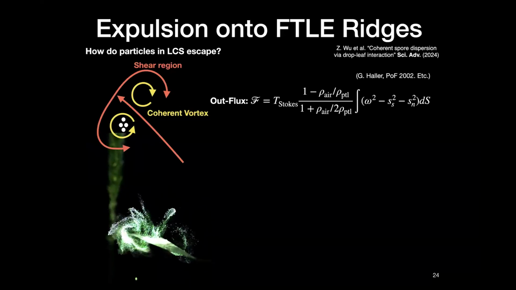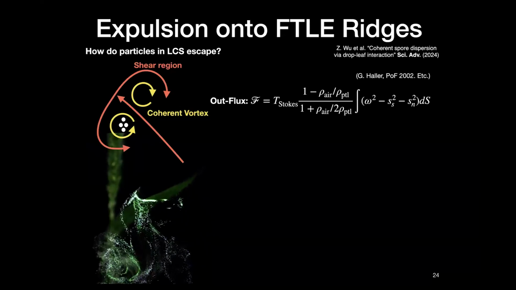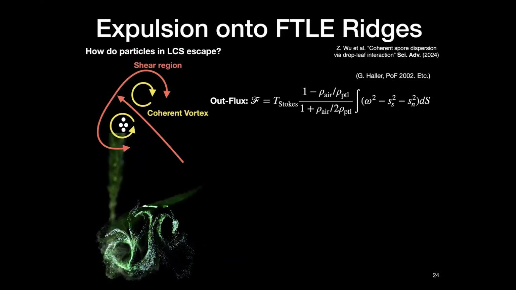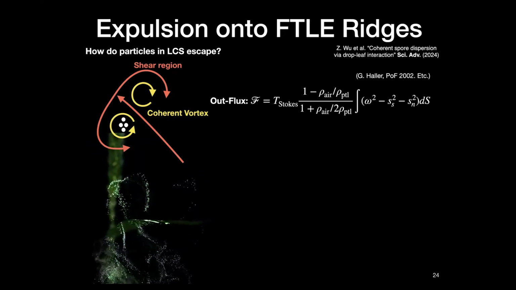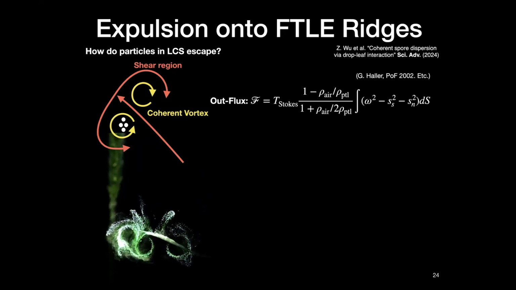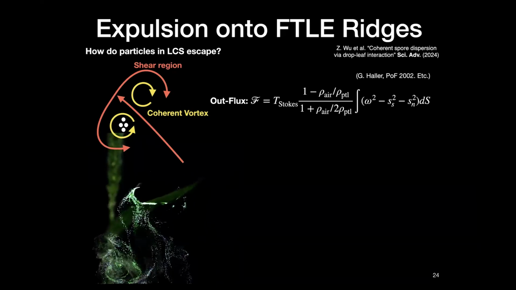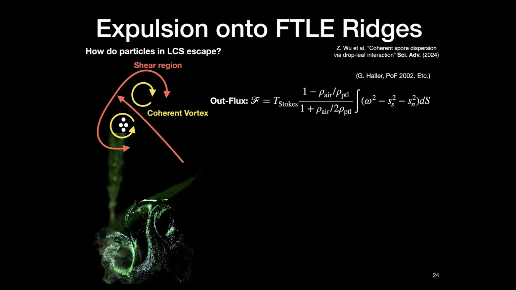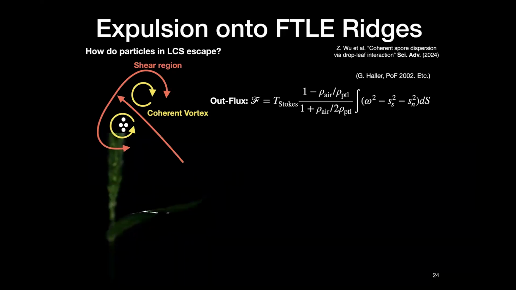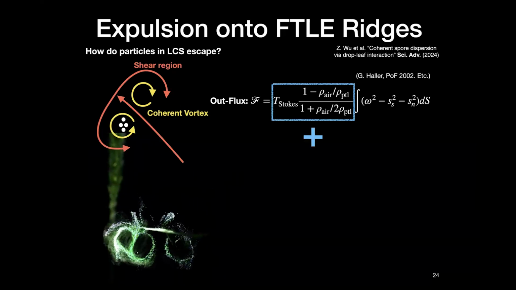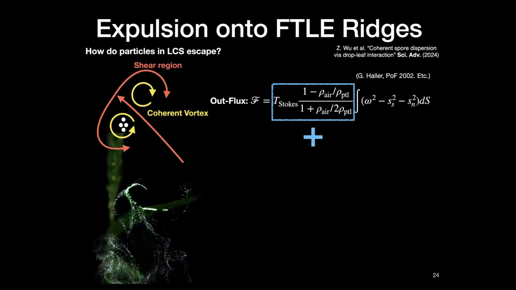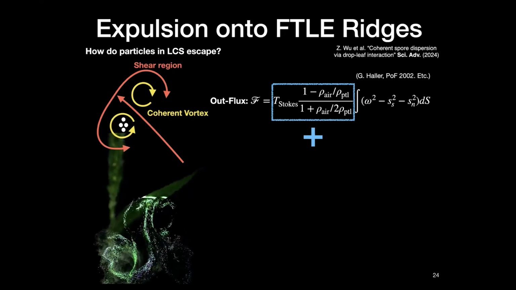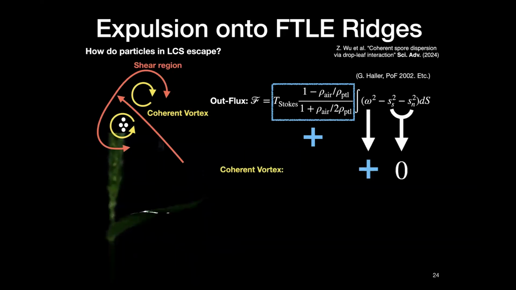People did more calculations on how to formulate the flux of the particles. In this form, omega is the vorticity, and S is shear. You can consider omega the antisymmetric part of the shear strain, and S the symmetric part. I will explain in more detail. The first term is always positive, because the air density is always lower than the particle density in our case.